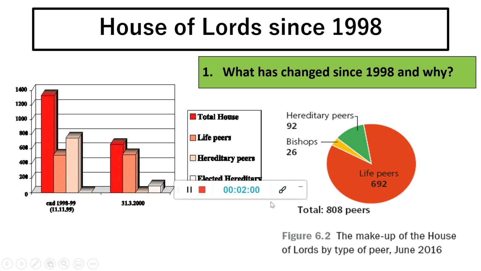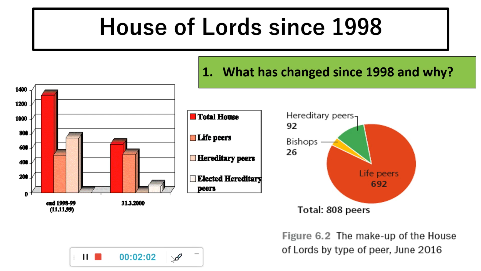If you look here at what has changed in the House of Lords since the 1998 House of Lords Act, you'll see some notable changes, particularly in the size of the House of Lords, the amount of Lords, up from a huge number before 98 of 1,400 all the way down to around about 800 that we have today.